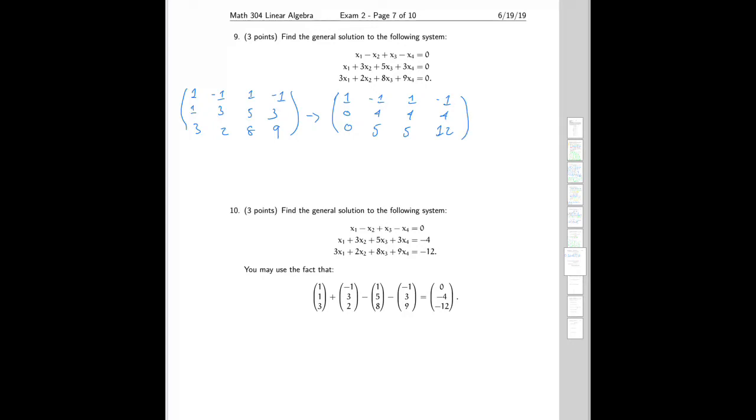Let me make sure that's right. 9 minus 3, so that's 9. Okay, that's 12. Now the next thing I'm going to do is to divide the second row by 4, so I'm just going to change all of these to 1s.